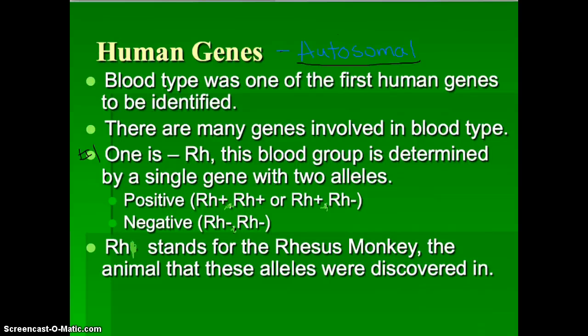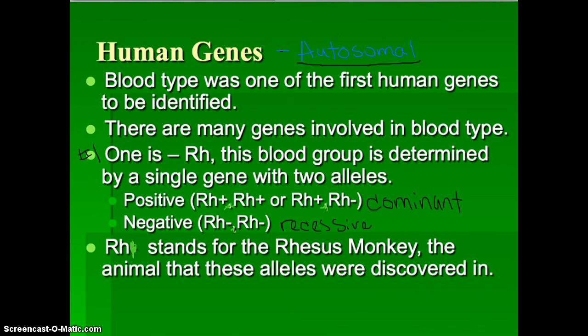You guys have seen this. You've done it in chapter 11, our typical Punnett square. Positive is what we would call our dominant allele, and if you're negative, you contain 2 recessive alleles.